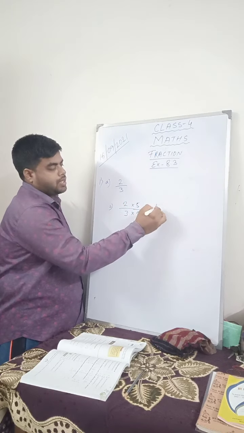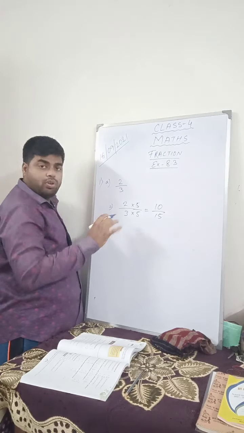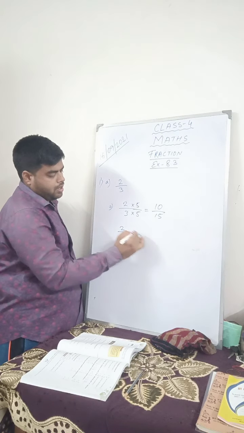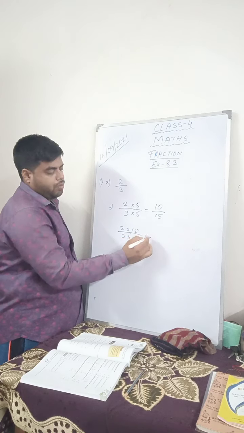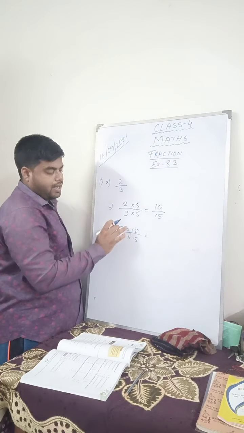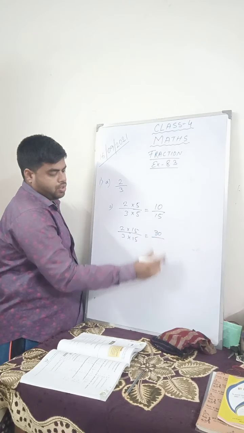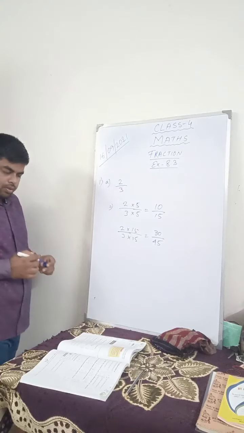So the equivalent fraction is 10 by 15. Now suppose you want to make any other. I write the question again, 2 by 3 multiplied by, say, 15. Both denominator and numerator have to be multiplied by the same number. So it will be 30 by 45. So I hope you have understood.